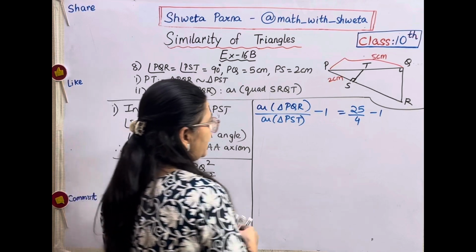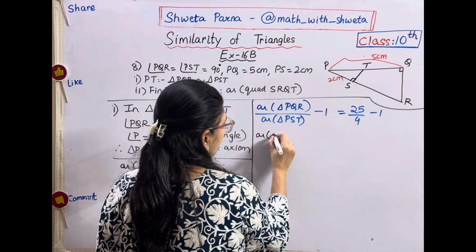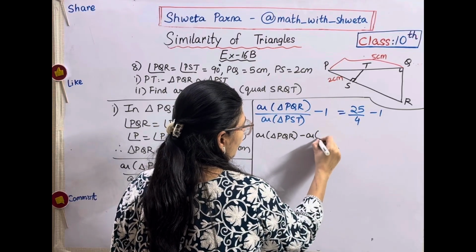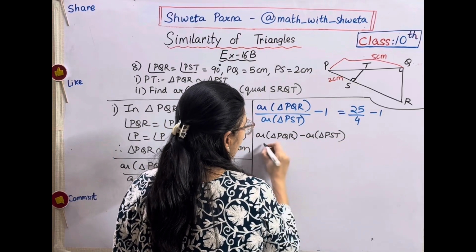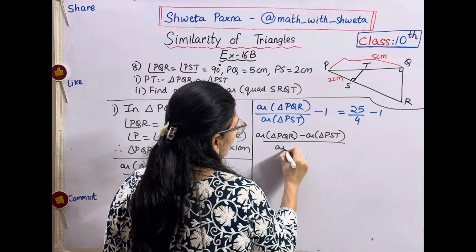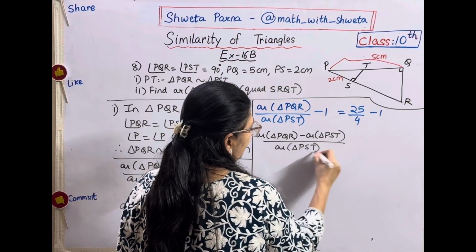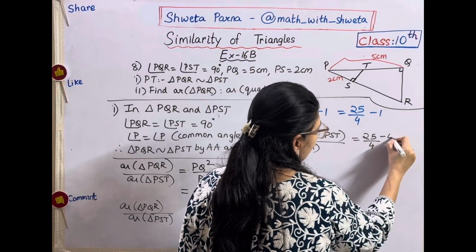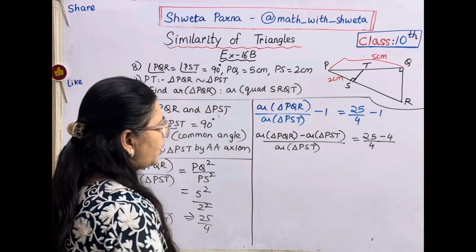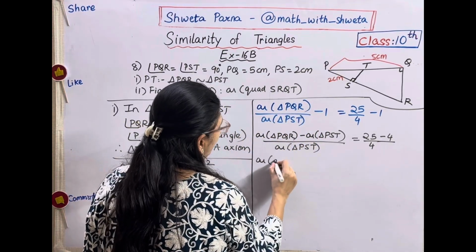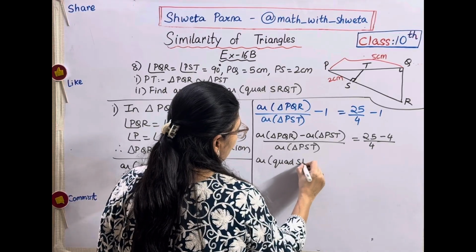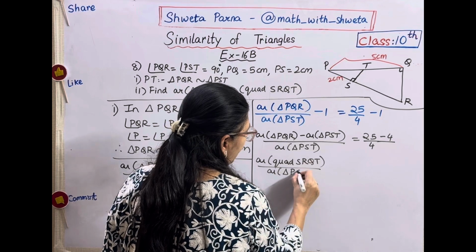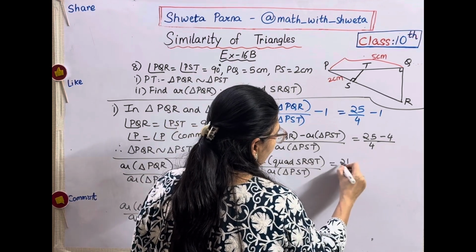So what you will get? This will become area of triangle PQR minus area of triangle PST, the whole upon area of triangle PST is equal to 25 upon 4, here also minus 4. So this will become area of quadrilateral SRQT upon area of triangle PST is equal to 21 upon 4.